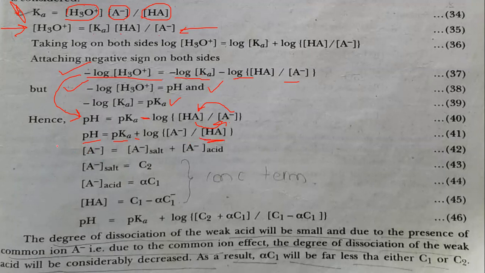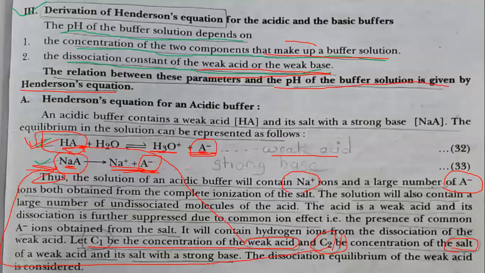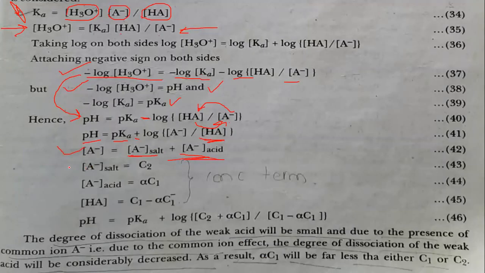As I told you, we are getting A minus ion from two species. One is the salt and the other is the weak acid, as we have seen in the previous slide. A minus from the salt has concentration C2. Then A minus from the acid has concentration alpha C1, because this is what we take after time t, after dissociation.